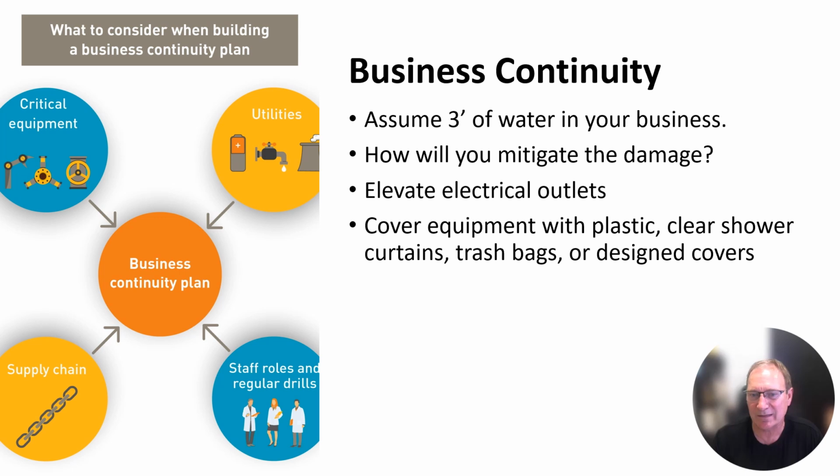How do you store things in your office that accounts for that kind of simple flooding that may occur? Obviously, if it's more catastrophic than that, I realize floodwaters during Katrina were substantially deeper than 3 feet, but 3 feet is a good safe level that most of our floods will not exceed.